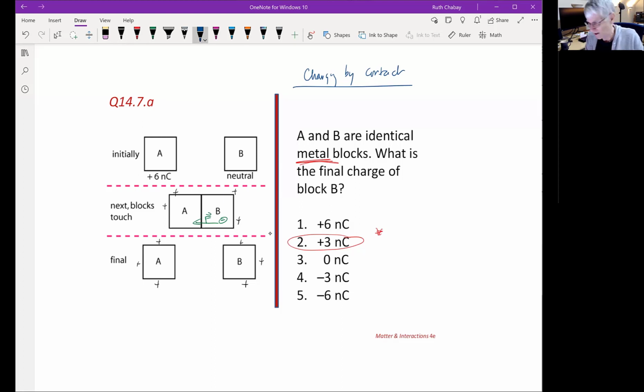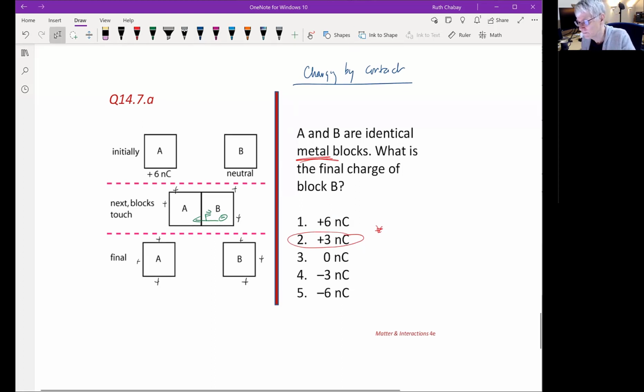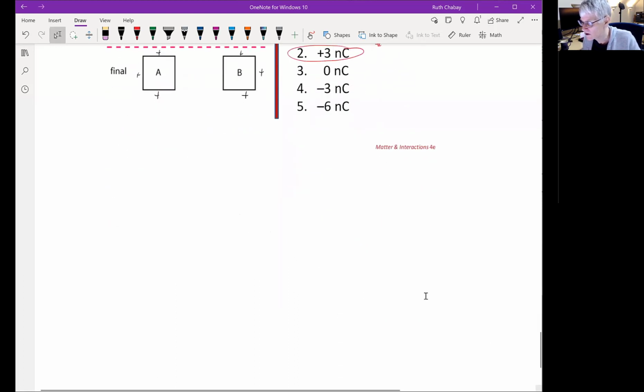And that actually leads to another phenomenon, which could explain discharging also. So suppose that we have a metal ball. So here's a metal ball that has excess electrons, so it's negative.